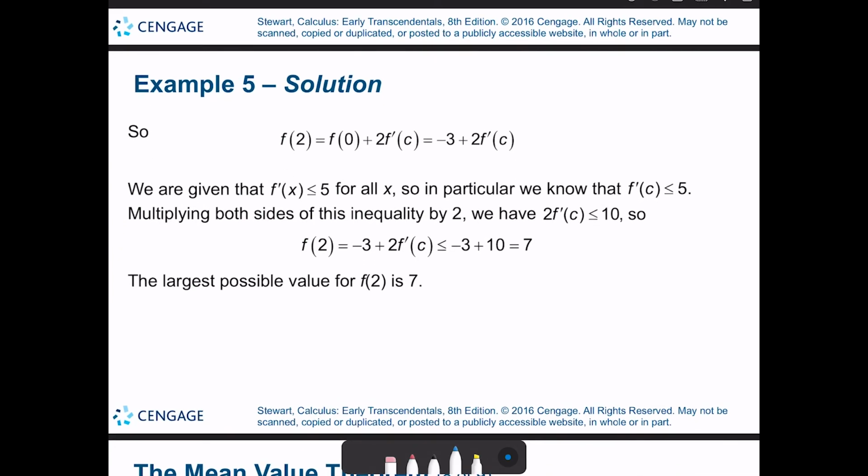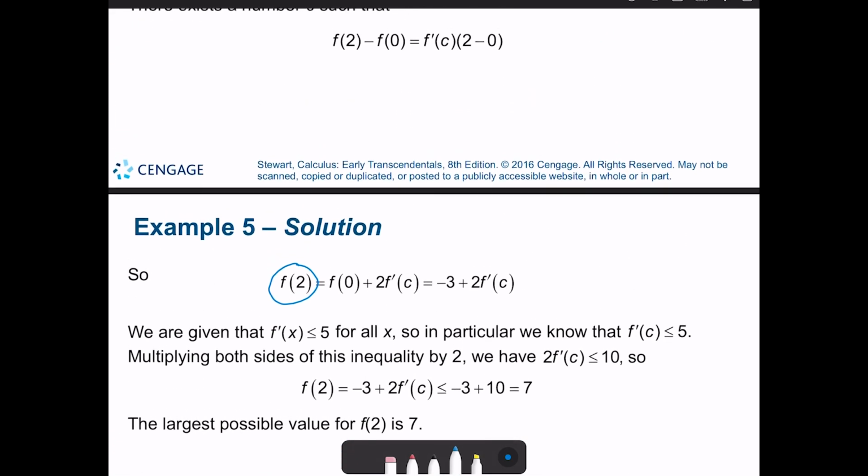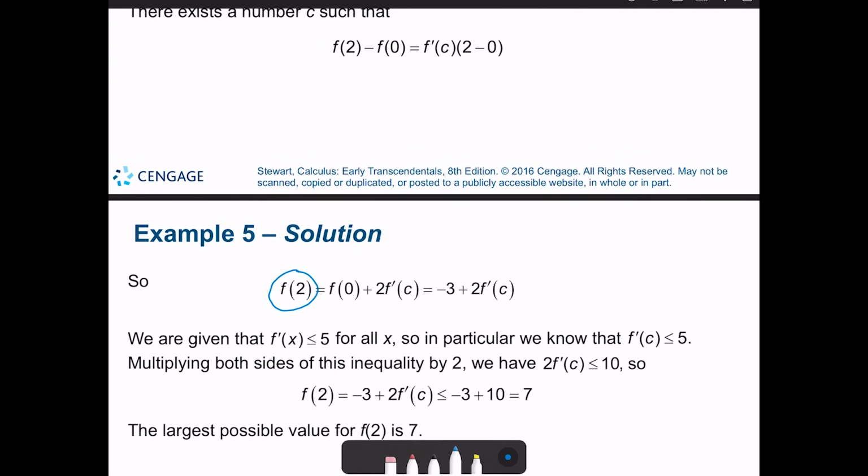But we go along to look at the y value when our function is equal to 2, right? So where is this coming from? Well, on the previous slide, we see f of 2, so that's a y value. F of 2 minus f of 0, those are on the left-hand side. It looks like this has been added to both sides of the equation so that it's appearing over here somewhere. And in fact, yep, down here, there's the f of 0.